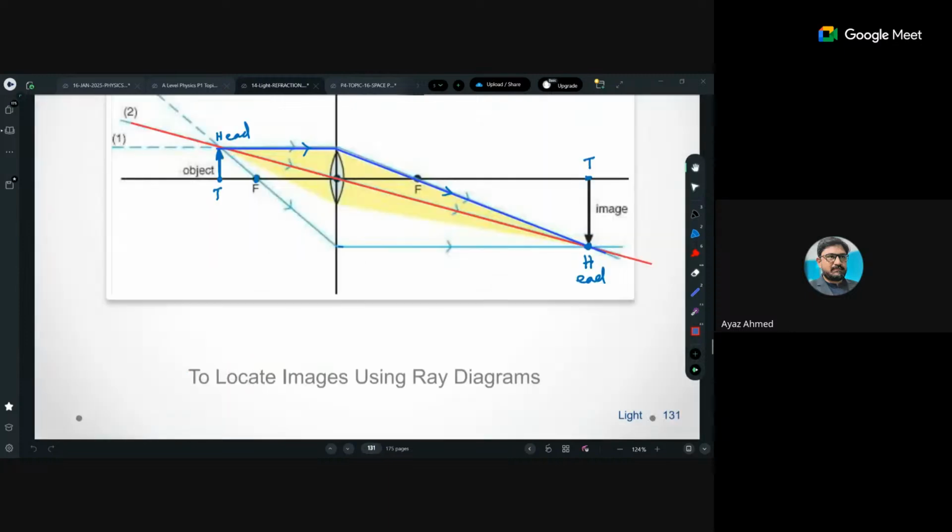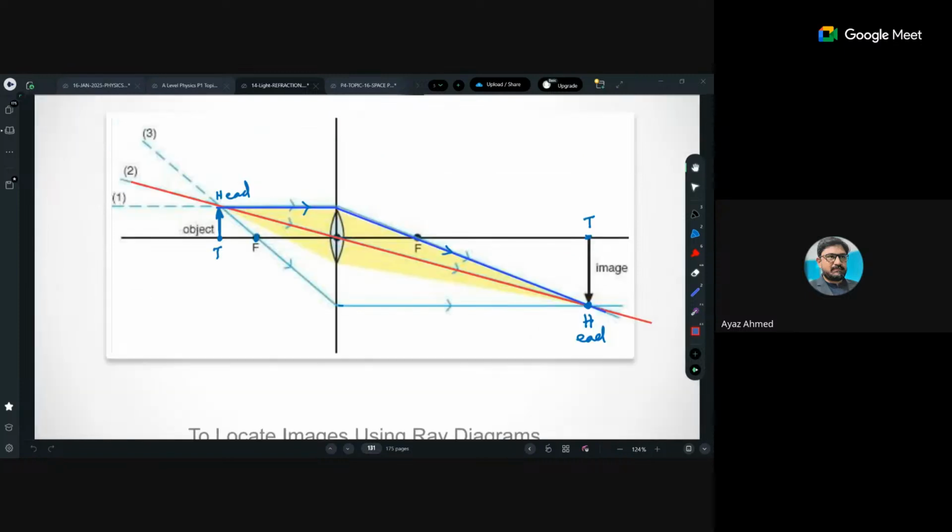So you can use either these three or any two of these, but the tail of the object will always be on the principal axis, and head of the object will be above it or below it, depends. But wherever the head is, you have to start the ray drawing from that point.